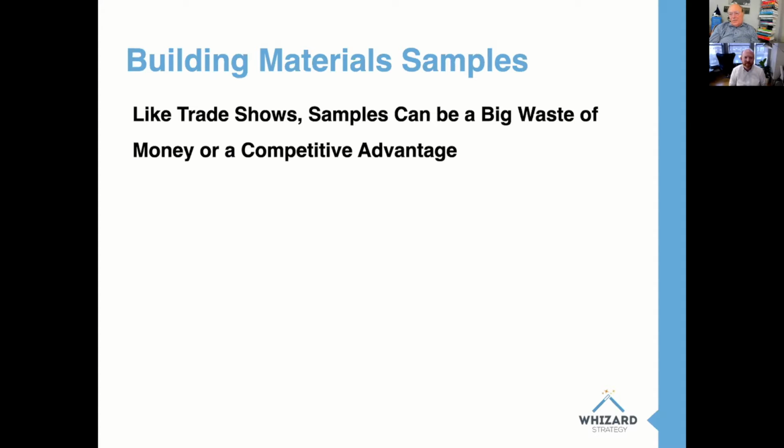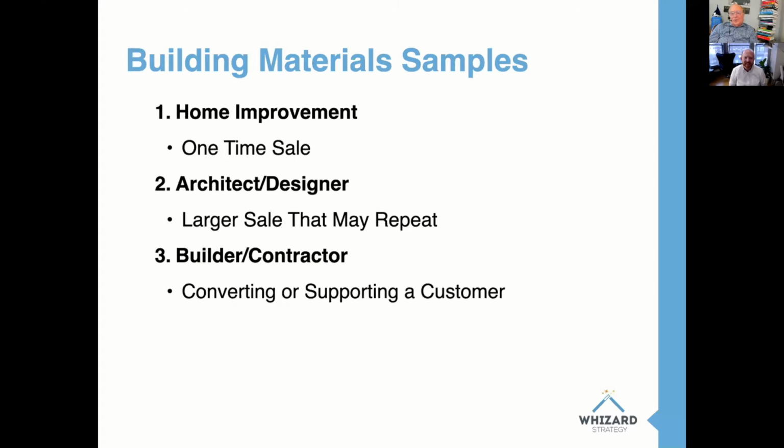To me, it can either be, like I think many trade show efforts are, a big waste of money, or it can be a competitive advantage. So I hope you'll view it as a competitive advantage. I thought I put that on mute there. Okay, pardon that.